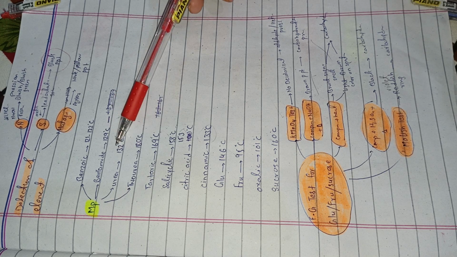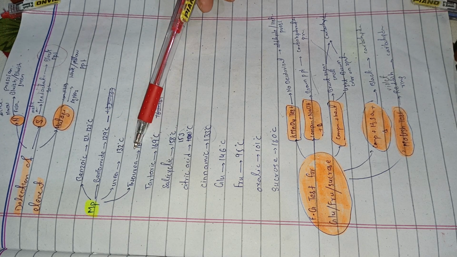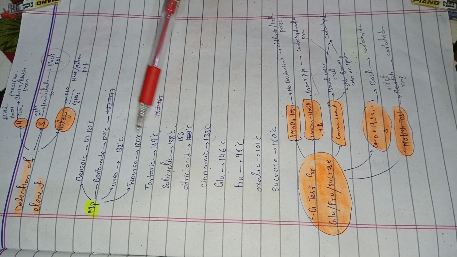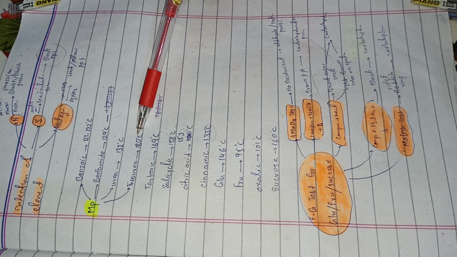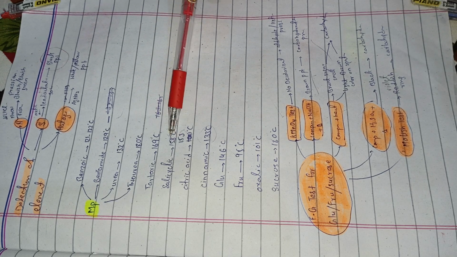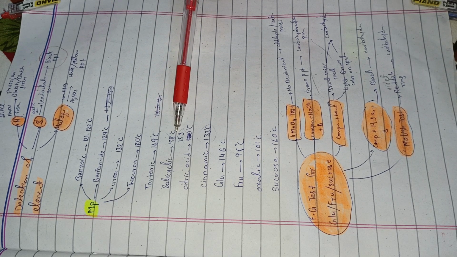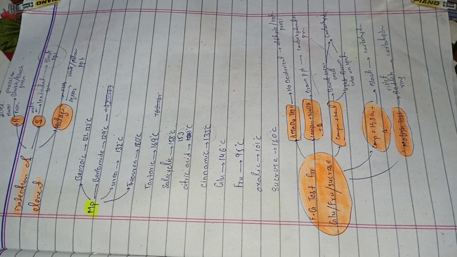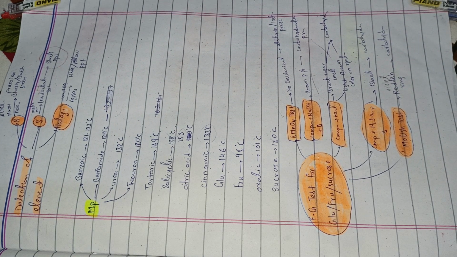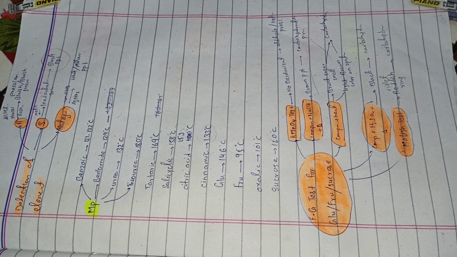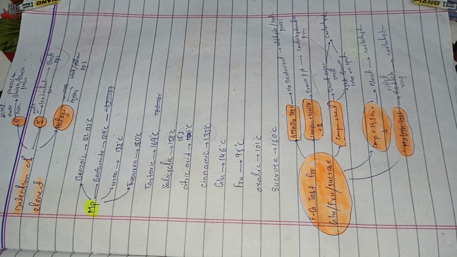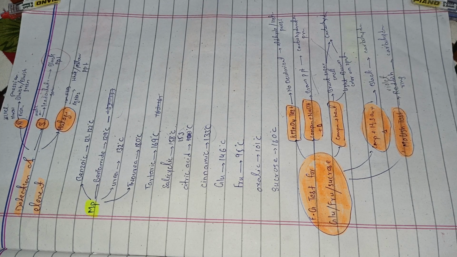But urea and thiourea are very different, because urea has 132 and thiourea has 180. Now the salicylic acid and citric acid pair: salicylic acid has 158, approximately 160, and citric acid has 153. Cinnamic acid is 133.